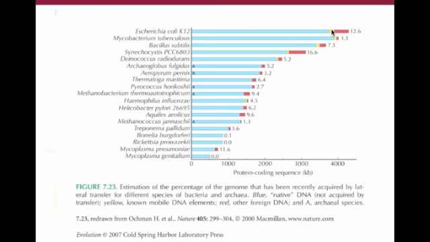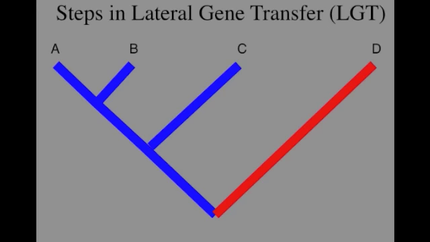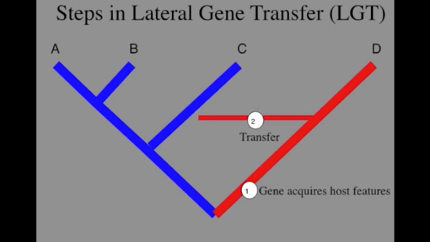There are big differences between organisms, not that surprising. After genes get transferred, eventually they're going to start to acquire the genome flavors of their new host. This is called amelioration, and they lose that distinction.